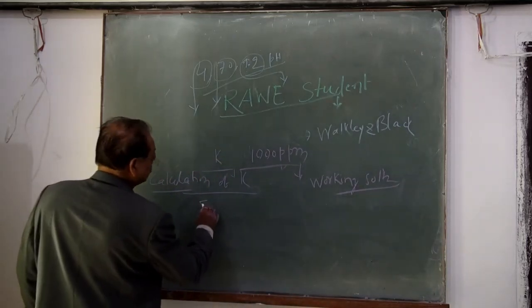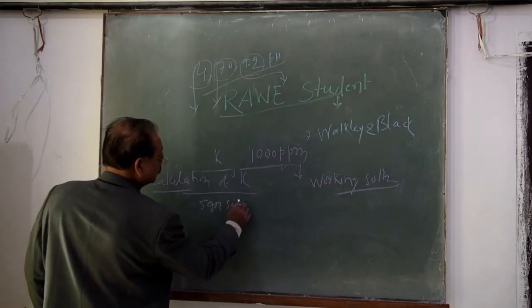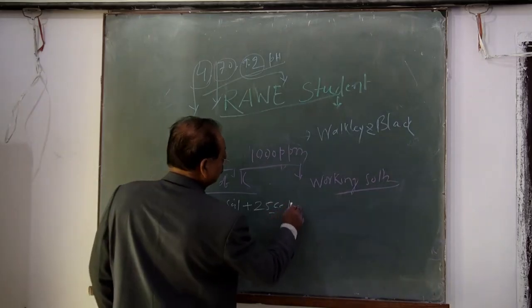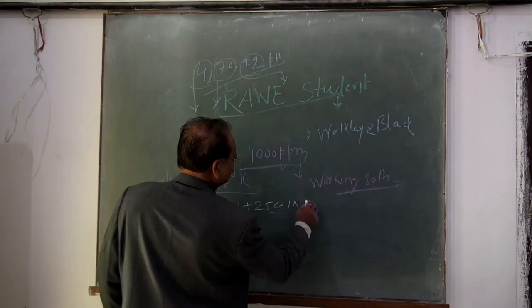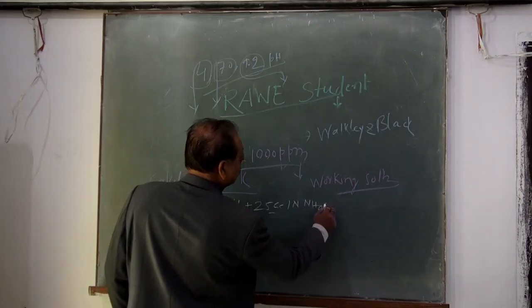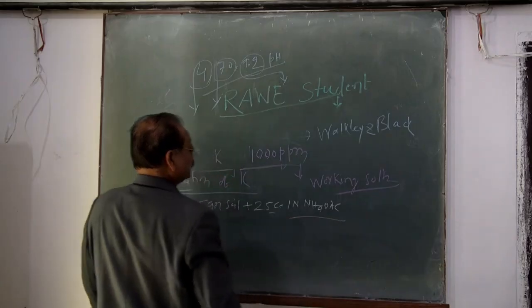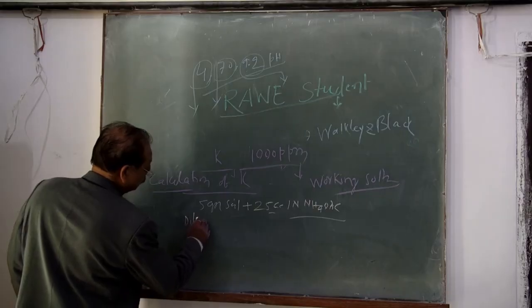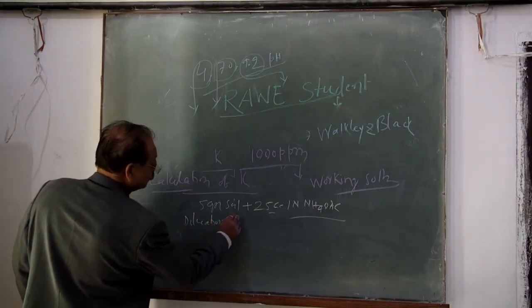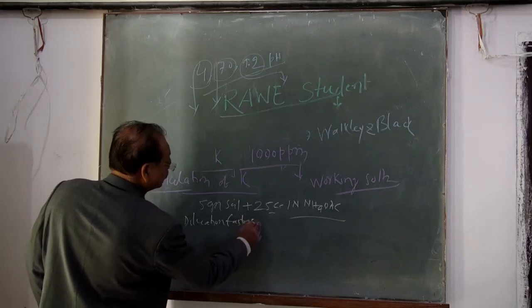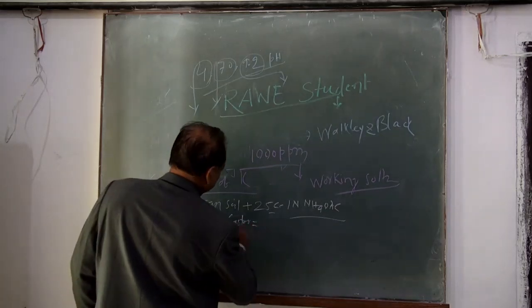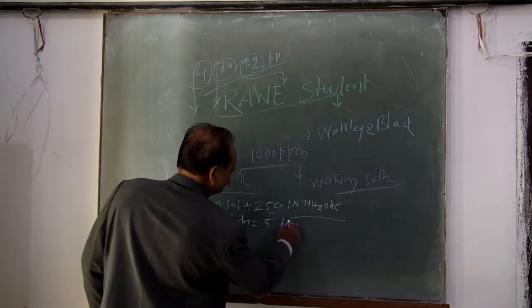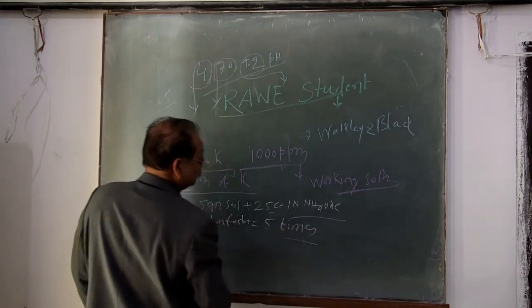You have taken 5 gram soil sample and you have added 25 cc of 1 normal ammonium acetate. So the dilution factor is 5 times.